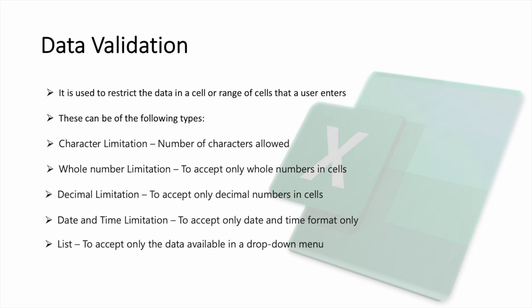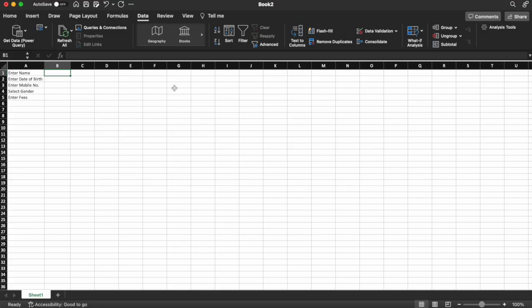So without wasting any more time, let's hop on to an Excel sheet. For this example or exercise, we'll be creating a sample input sheet and we will be applying various forms of data validations to them. For this input sheet, we will be putting the length of the character validations for name. We will be putting data validations on date, that the person needs to be at least 18 years and above.